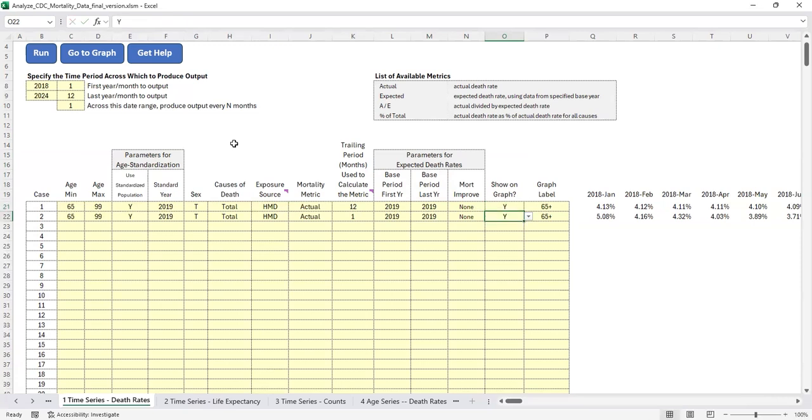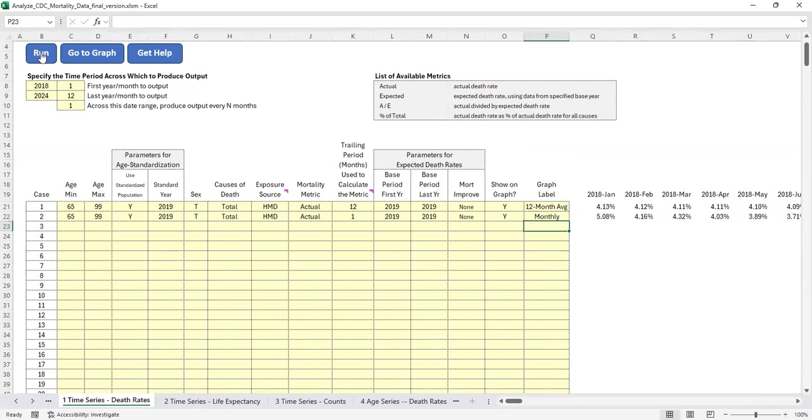Let's put both of these metrics on a graph. We indicate that with the letter Y. And then we have to specify a label that will appear on the graph. Let's type 12-month average, and this is just monthly.